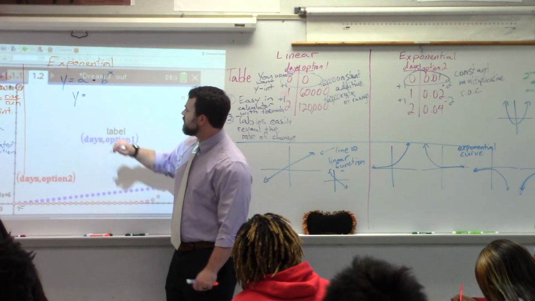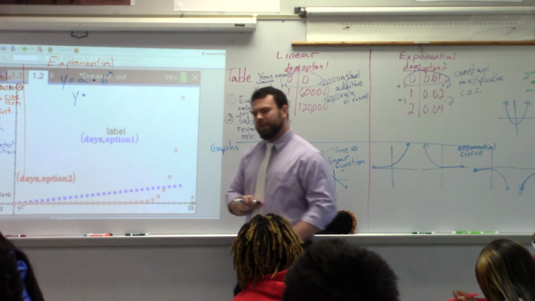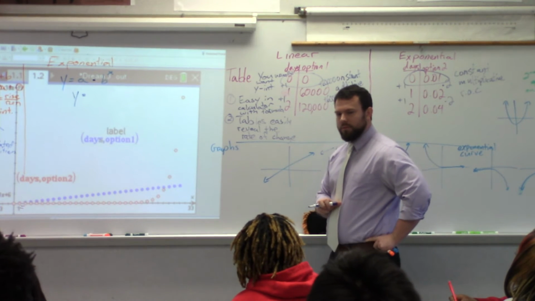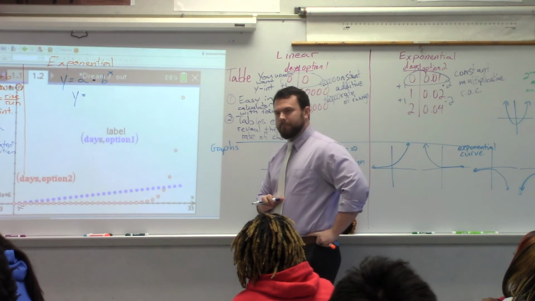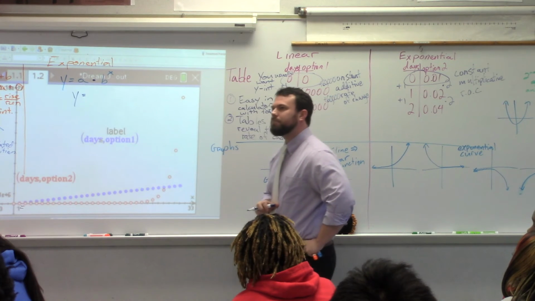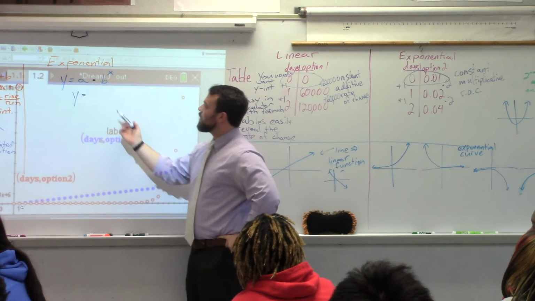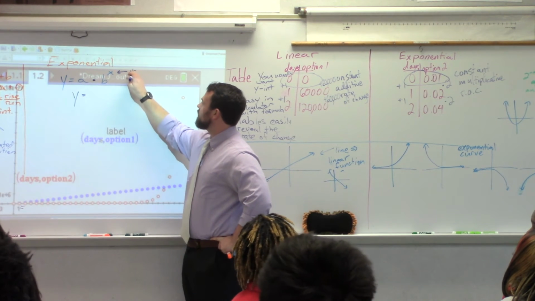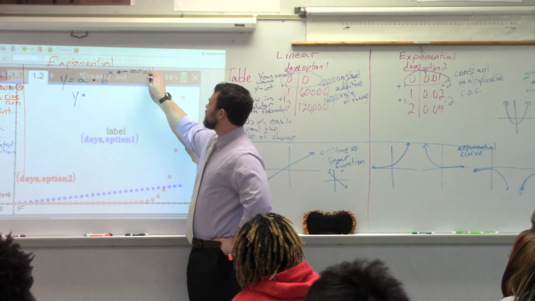So now we're doing area. Why do you think area? Because it looked like an area, farm. Okay. So be careful. With an exponential, where is the variable?